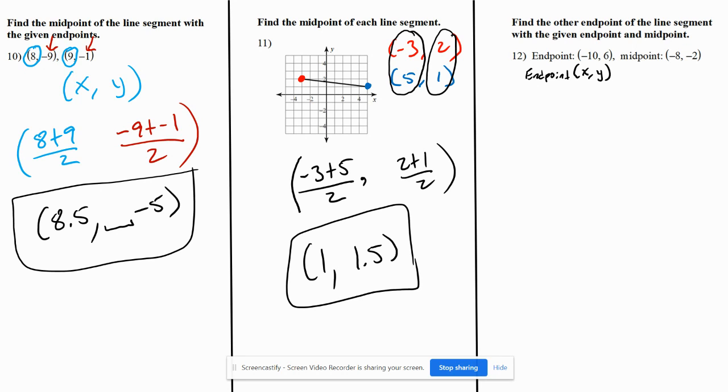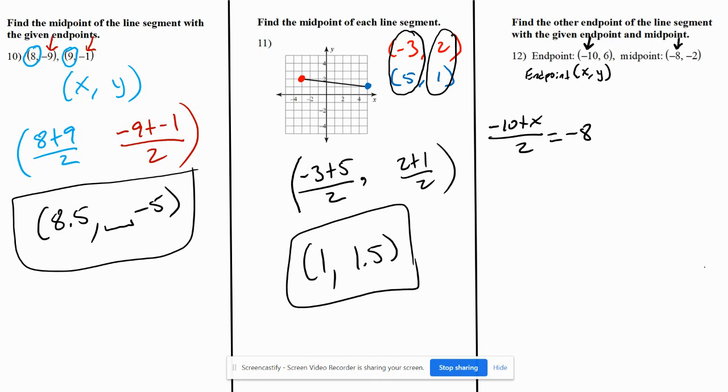Now, one thing that I know is that if I add the x values of the endpoints, so -10 plus x, I divide it by 2, that is going to give me the x value of the midpoint.